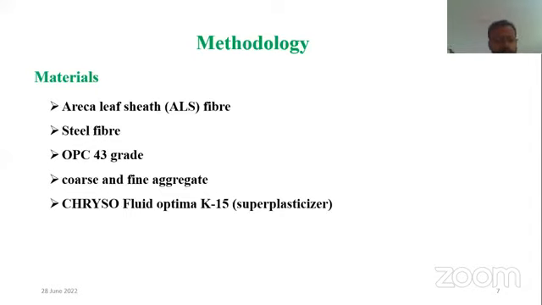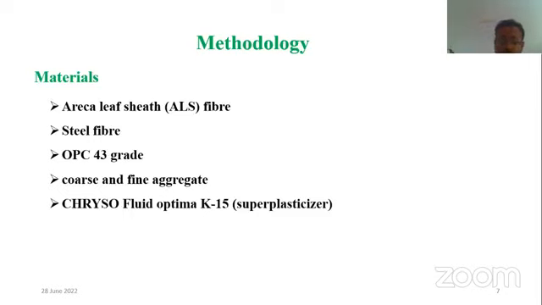In this research, I have used Areca leaf sheath fiber, steel fiber, ordinary Portland cement of grade 43, coarse and fine aggregate, and Chryso Fluid Optima K15, which has been used as super plasticizer. This super plasticizer not only enhances the workability, but also resists the segregation of concrete.